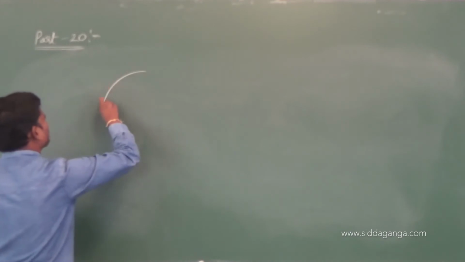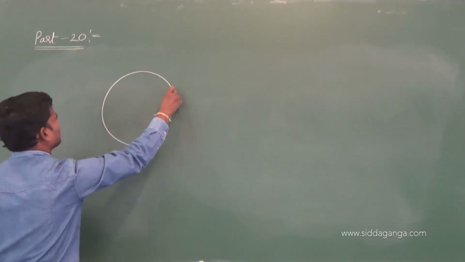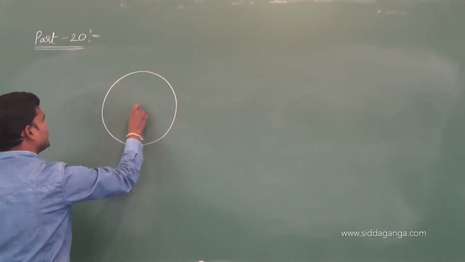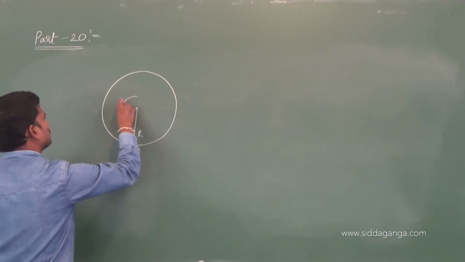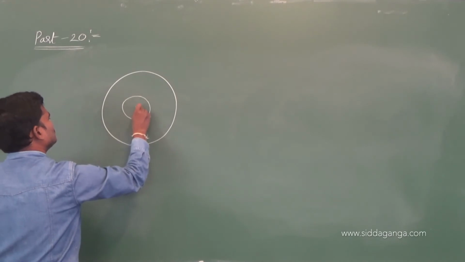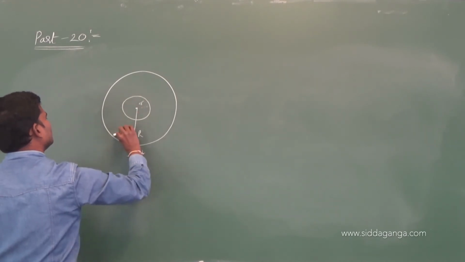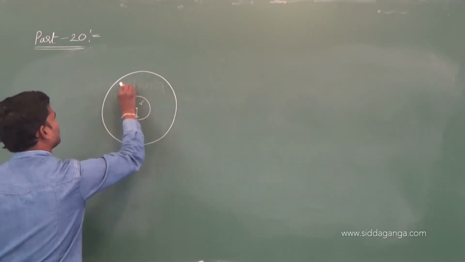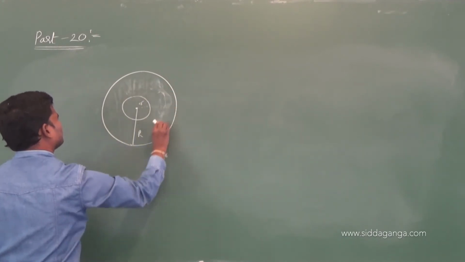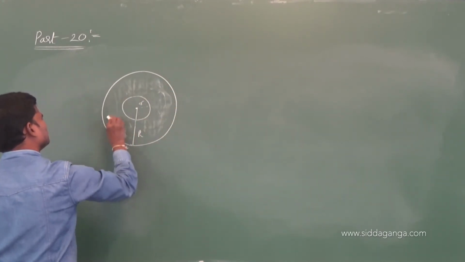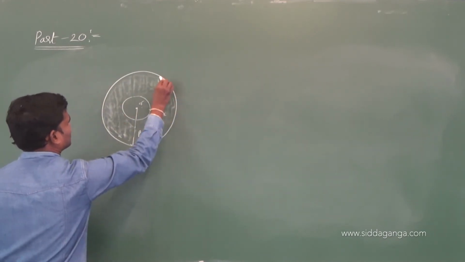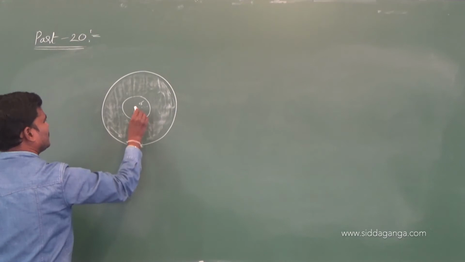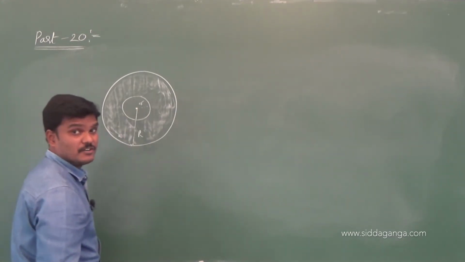They have given a circular disc whose radius is mentioned, and it has a concentric hole whose radius is given as small r. The target is to find the moment of inertia of this.